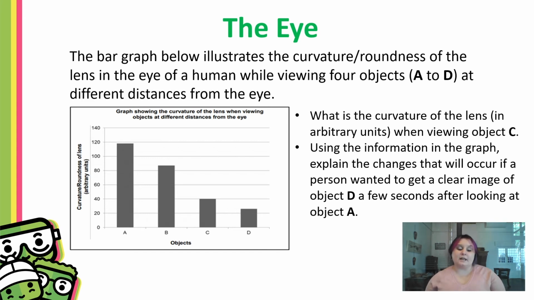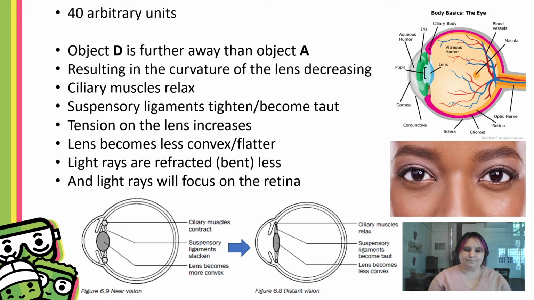So let's explain what's happening here. If we have a look at the eye, we know from the question, from looking at the graph, that object D is further away than object A, and the lens is becoming less curved as we move from looking at object A to looking at object D.